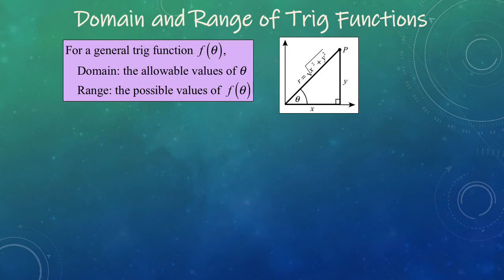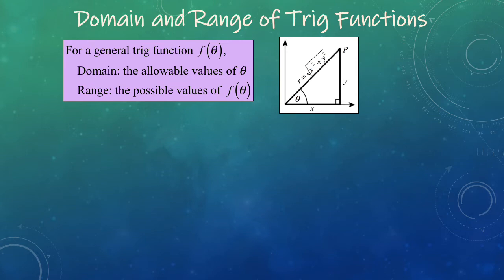We normally think of domain of a function y equals f of x as the set of allowable x values and the range as the set of possible y values. Since theta is created with values of x and y, it can be confusing when discussing domain and range of trig functions.